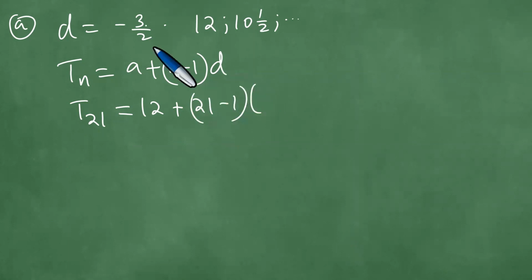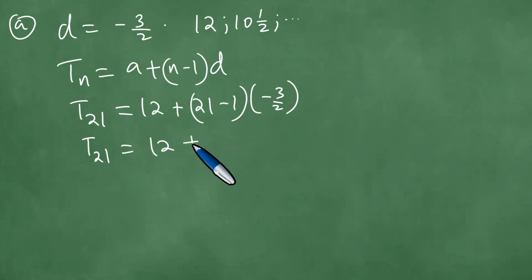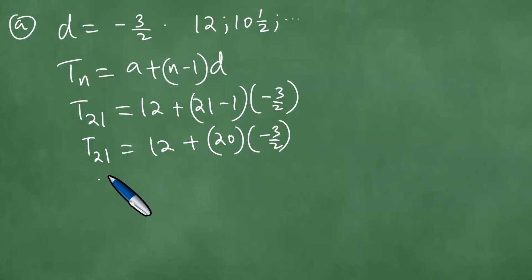The common difference we've already seen is minus 3 over 2. So 20 times minus 3 over 2 plus 12: 20 times 3 is minus 60, divided by 2 is minus 30.